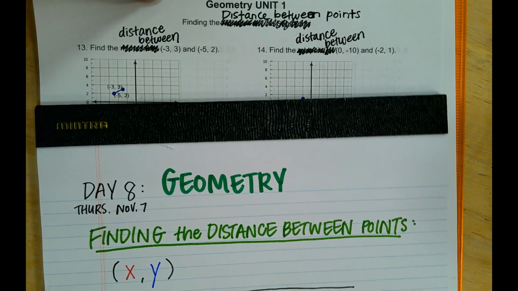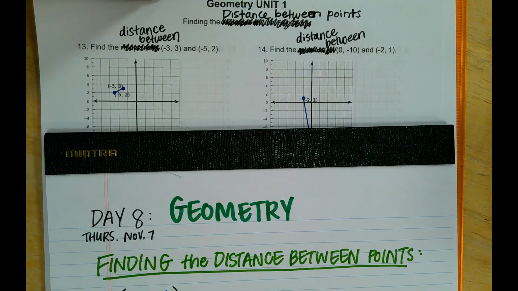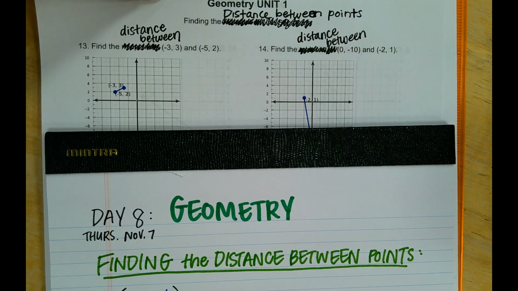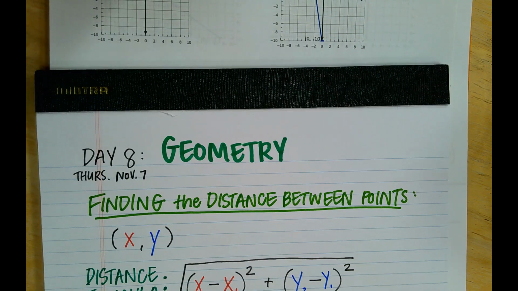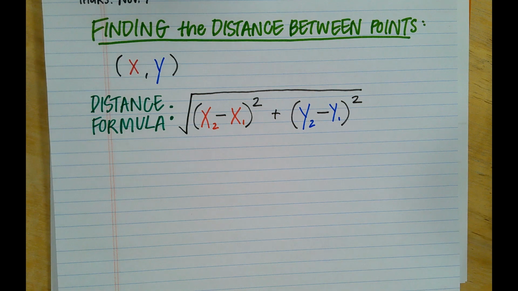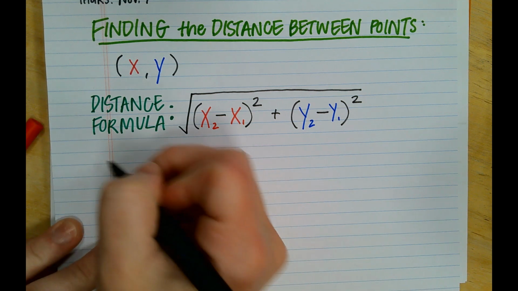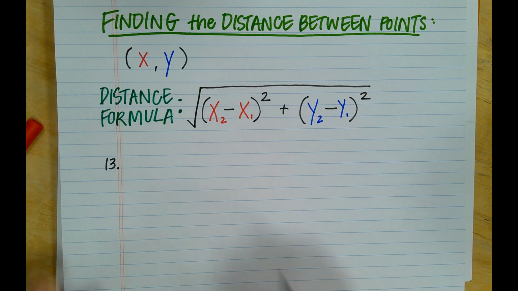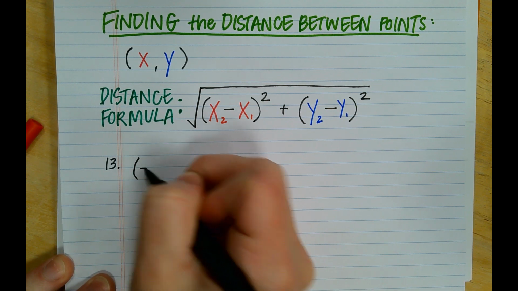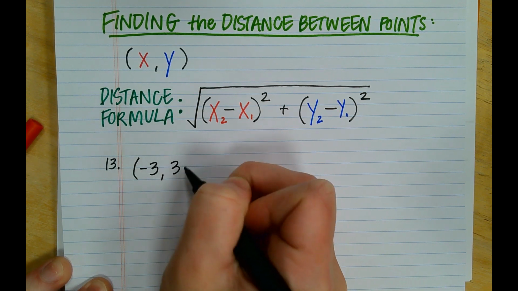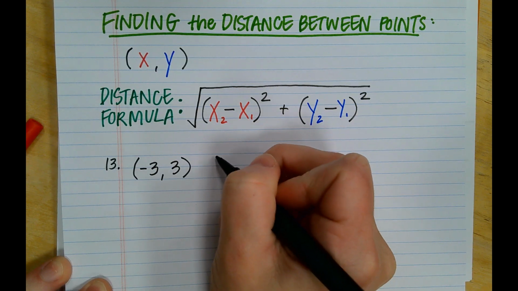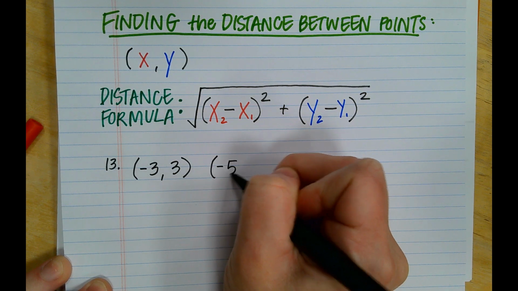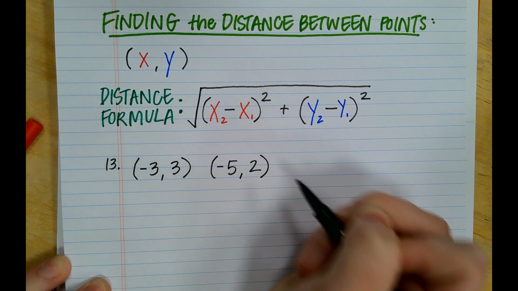We want to find the distance between (-3, 3) and (-5, 2). So I'm going to rewrite those coordinates on my paper. I will label this 13 so I remember what question we're working with. We've got the coordinates (-3, 3) and (-5, 2).